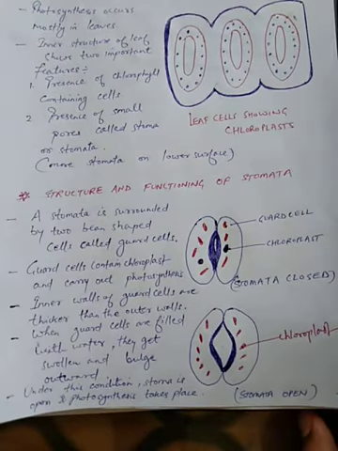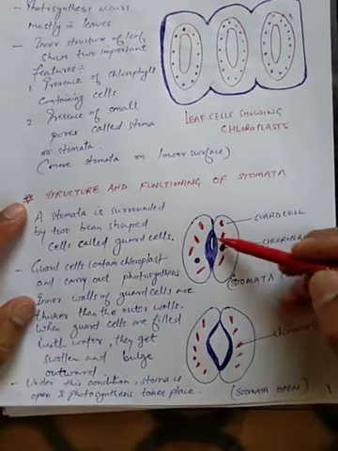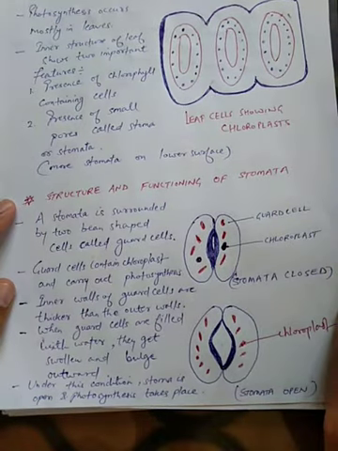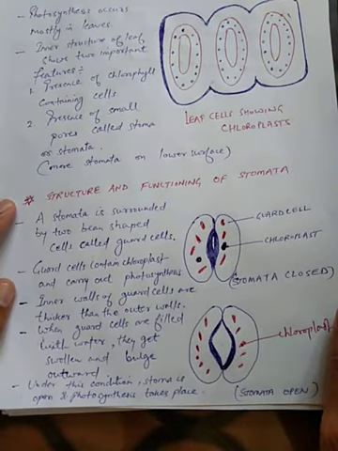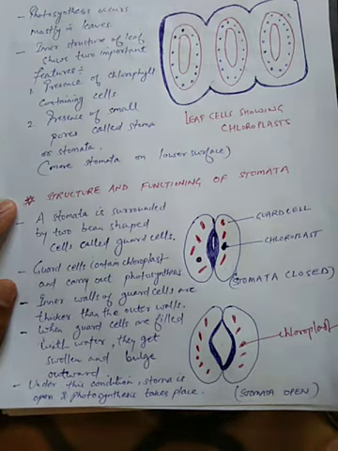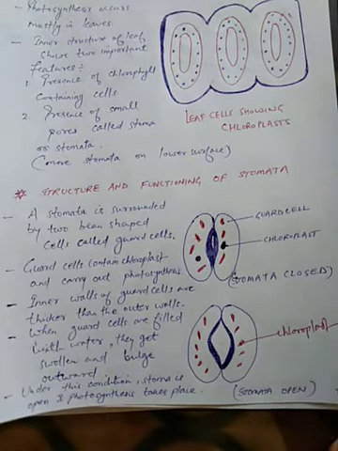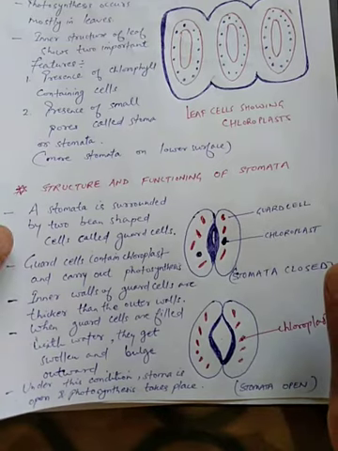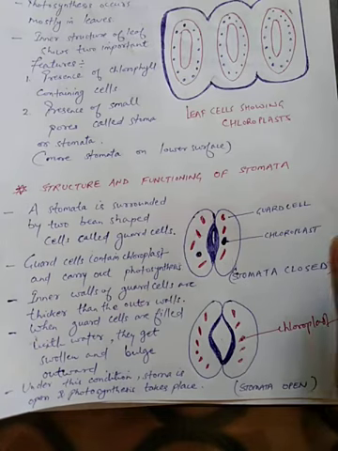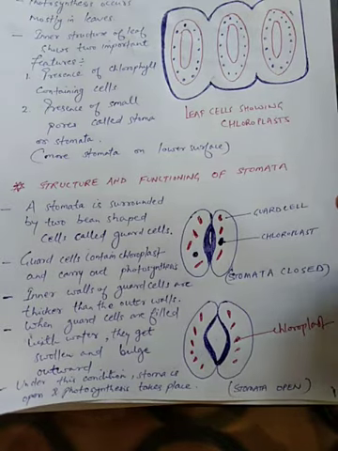Now students, the inner wall of the guard cells is thick as compared to the outer walls. Now what happens when there is entry of water into the guard cells? They get swollen and bulge out. Means उनके अंदर पानी भर जाता है, वो फूल जाते हैं और बाहर की तरफ निकल आते हैं.